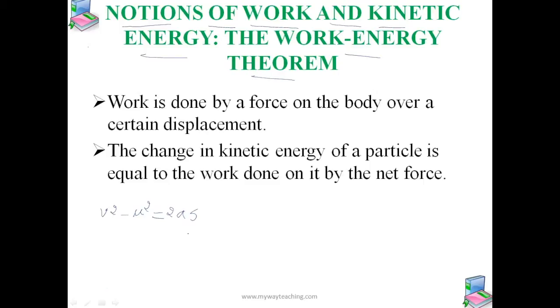So u and v are initial and final speeds, s is the distance traversed, and multiplying both sides of this equation by m by 2, we get 1 by 2 mv square minus 1 by 2 mu square is equal to, how much? ma s, isn't it?